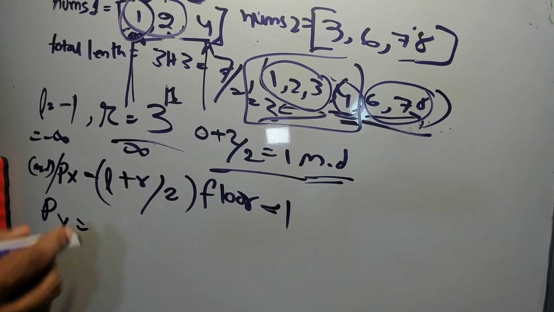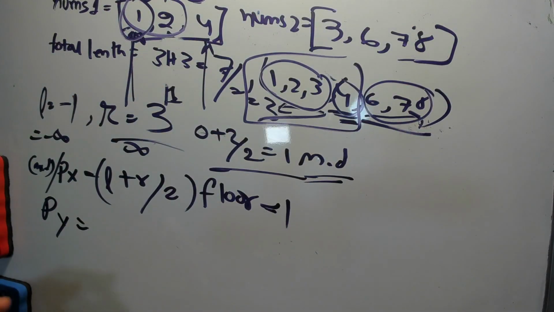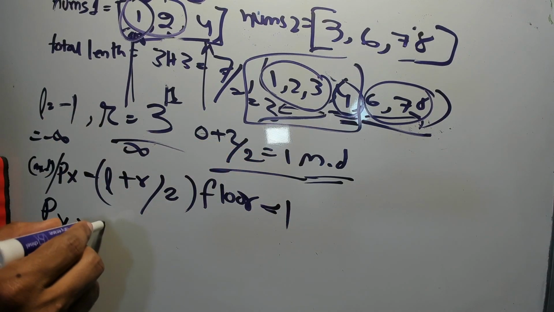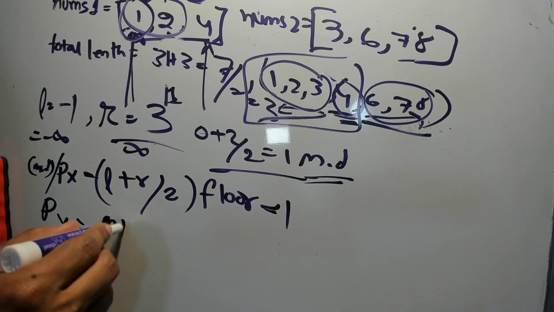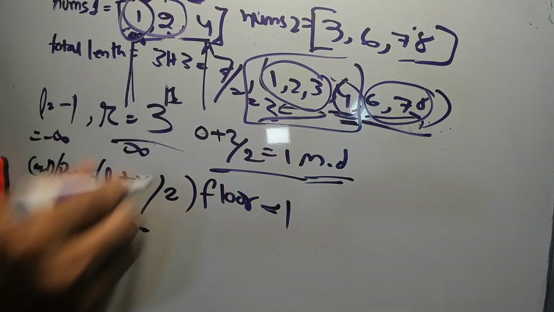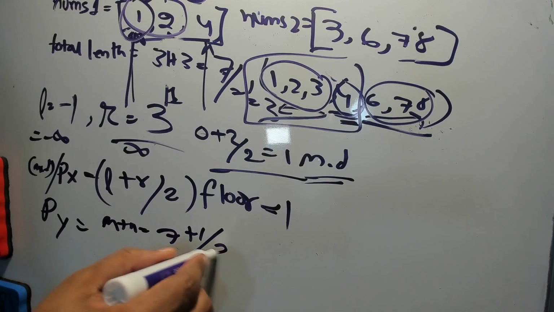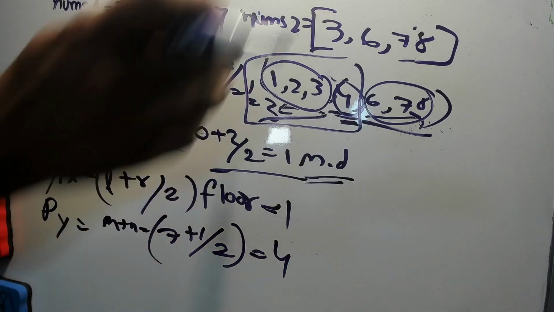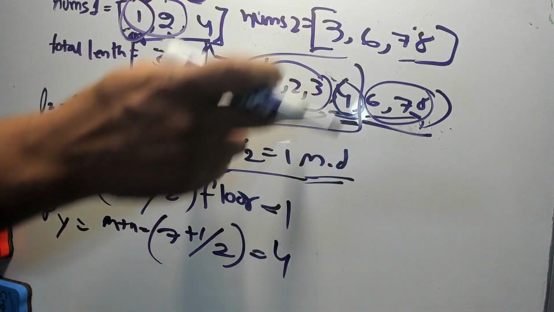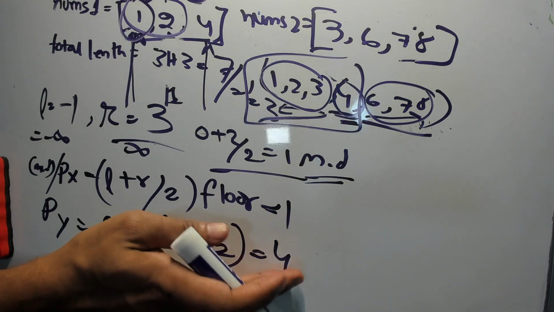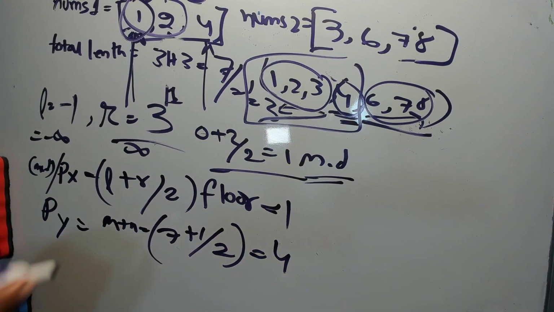To find that, we have to consider the whole length, that is m plus n, which is 7, plus 1 by 2, is 4. That should be the number of items in total, so we should be picking 4, right?